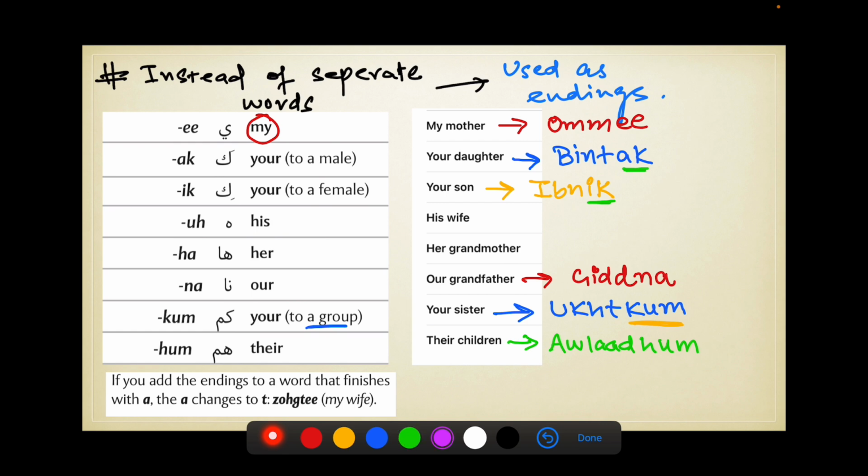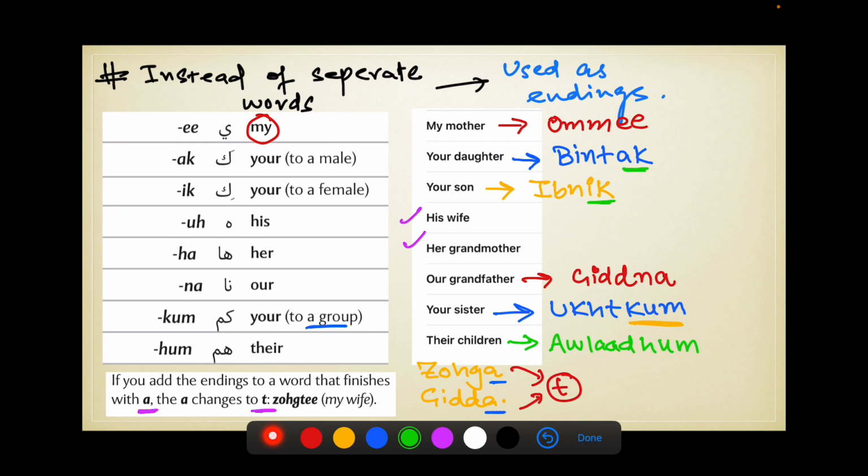Awladhum. Now, before discussing these two, we will learn about a rule here: if a word ends with a, the a changes to t while adding the endings. For example, zoga and gidda. These end with a. So when we have to add endings to them, we have to replace this a with t.